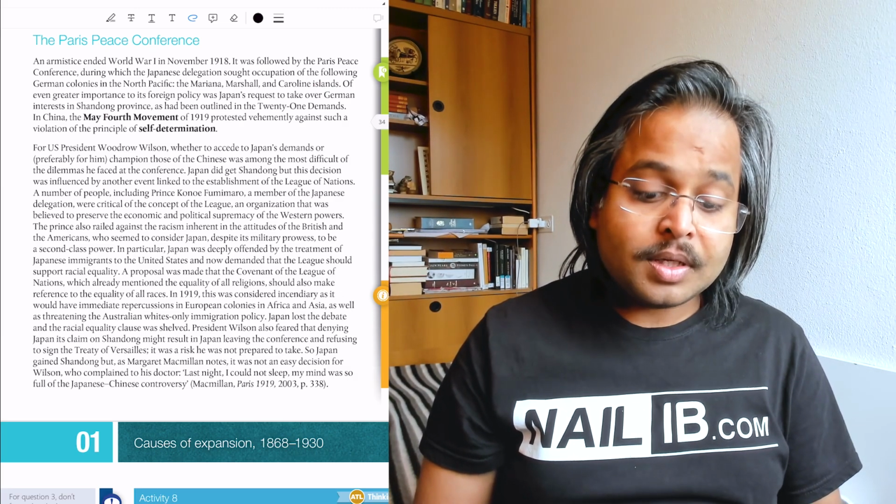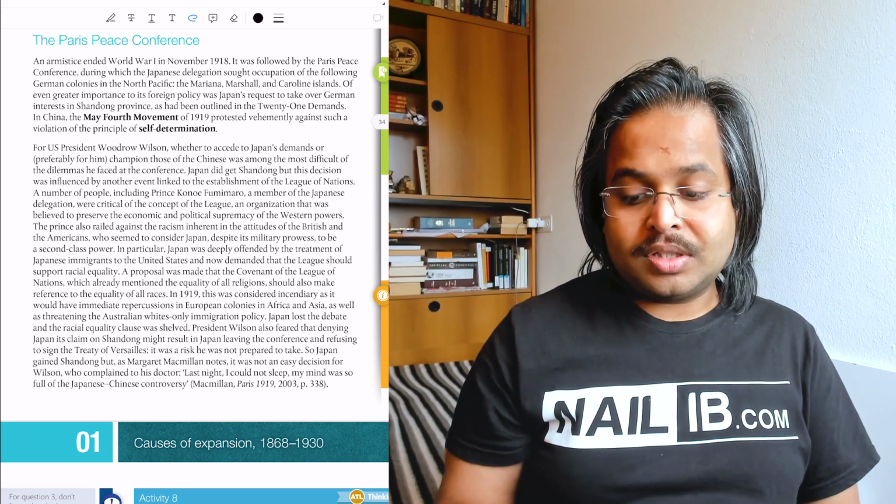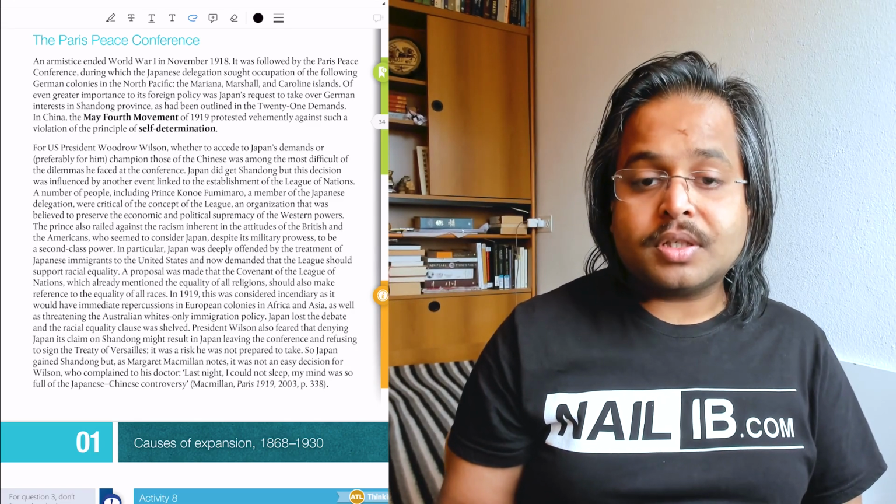Japan did get the Shandong province, but this decision was influenced by another event linked to the establishment of the League of Nations. A number of people, including Prince Konoe Fumimaro, a member of the Japanese delegation, were critical of the concept of the League, an organization that was believed to preserve the economic and political supremacy of the Western powers.